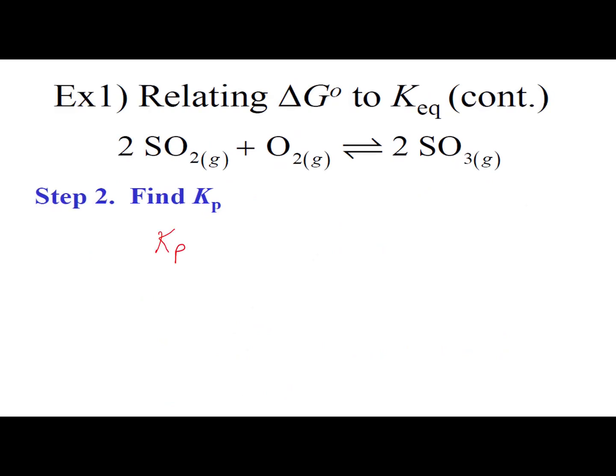Next, using that delta G, we can find Kp. So Kp is like KEQ, and so that's going to be e to the negative delta G over RT. And so my Kp will equal e to the negative. Pay attention to your signs here. We got negative 142,000 joules per mole. And make sure your units work.